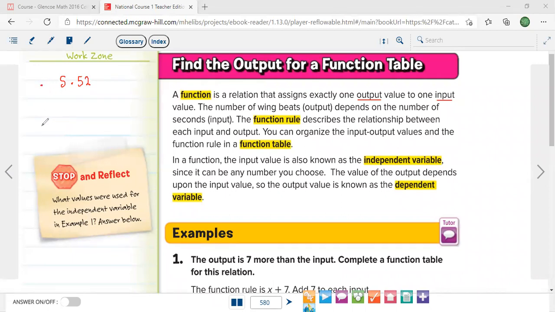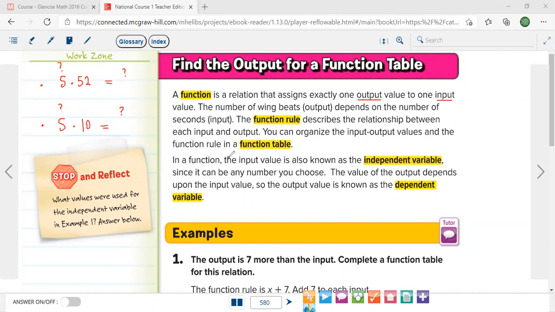For the second case, for the giant hummingbird, it was s times 10. So if you know what this s is, you know the input, so you can know the output. So the function rule describes the relationship between each input and the output. You can organize the input-output values and the function rule in a function table.